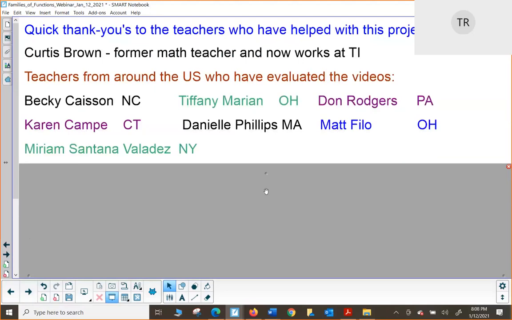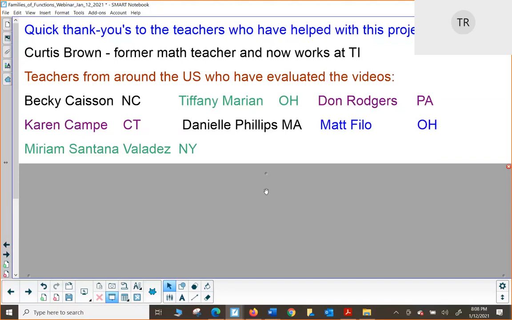Becky Kaysen from North Carolina, Tiffany Marion from Ohio, Don Rogers from PA. In fact, Don had his students actually use these in his calculus class. Karen Camp from Connecticut, Janelle Phillips from Massachusetts, Matt Philo from Ohio, and Miriam Santana from the great state of New York.